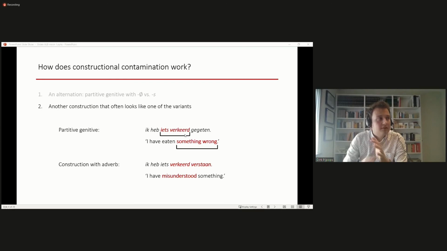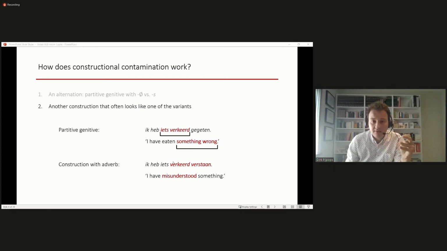Still, we have found that, because we've also tried different measures of constructional contamination, well, basically different ways of operationalizing constructional contamination, if you take into account semantic similarity as well, basically, if you calculate a measure on instances that also kind of look like your construction semantically, which is hard to explain in less than a minute, but that's one of the measures that we tried, then it becomes a better predictor of constructional contamination.